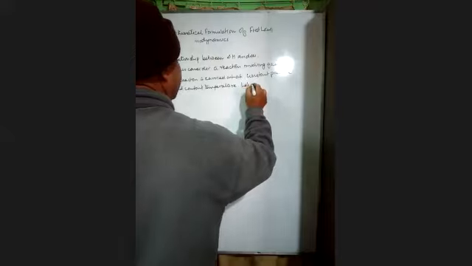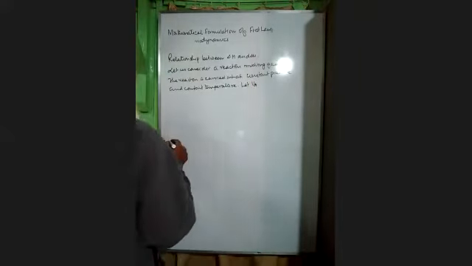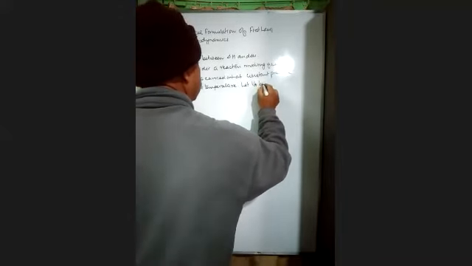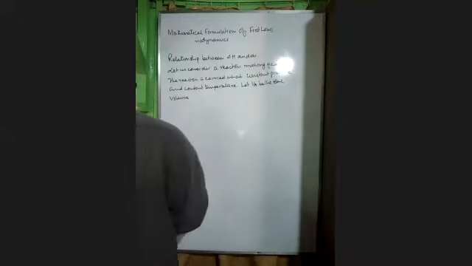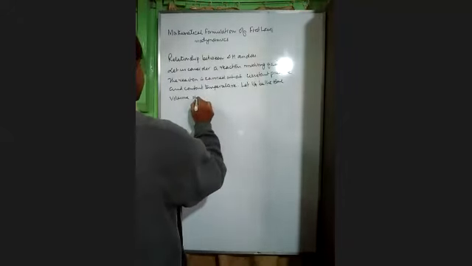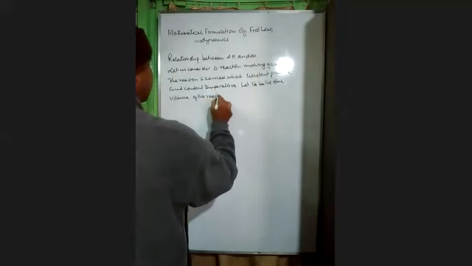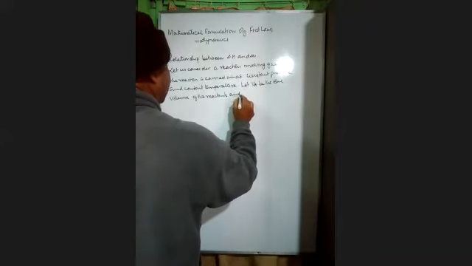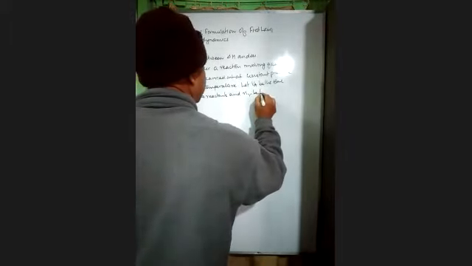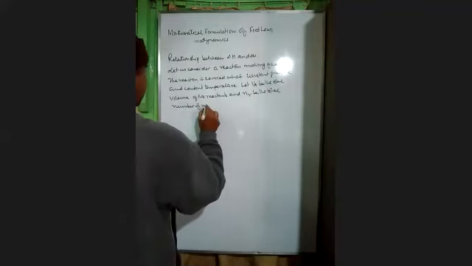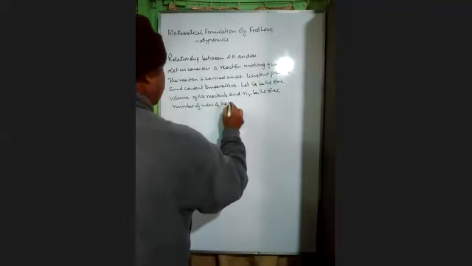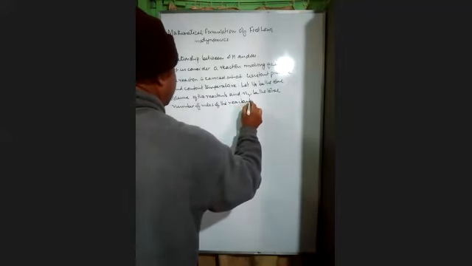Let V_A be the total volume of the reactants and n_R be the total number of moles of the reactants.